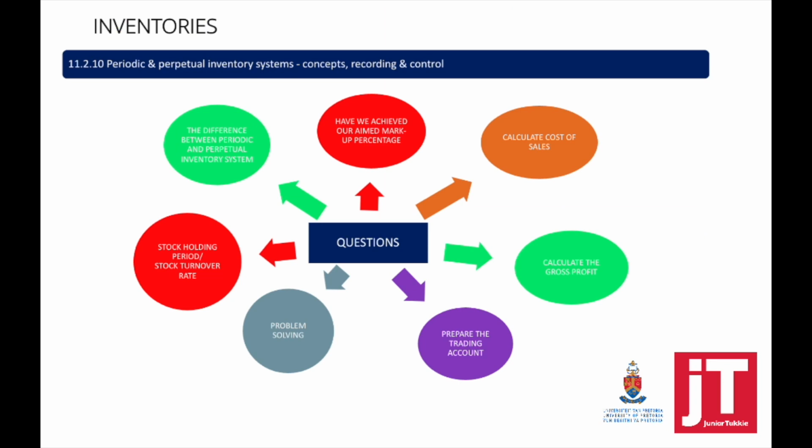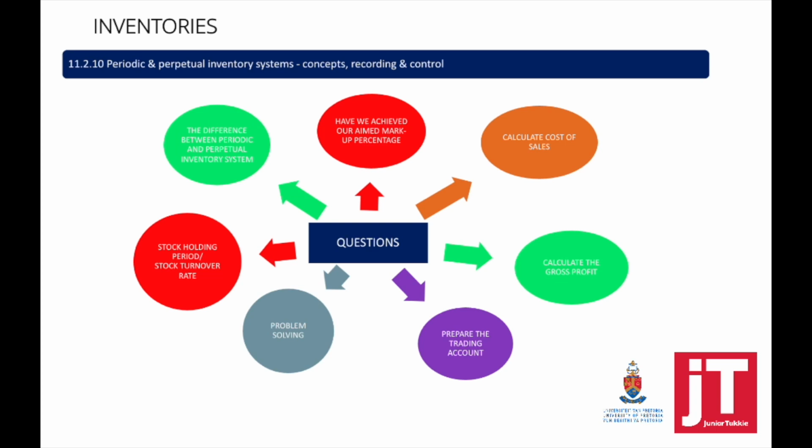Now, when we're looking at inventories, this forms part of your paper 2: the periodic and perpetual inventory systems, concepts, recording, and control. So your typical questions which you can expect are calculating cost of sales, calculating the gross profit, and preparing the trading account. You will get problem-solving types of questions.